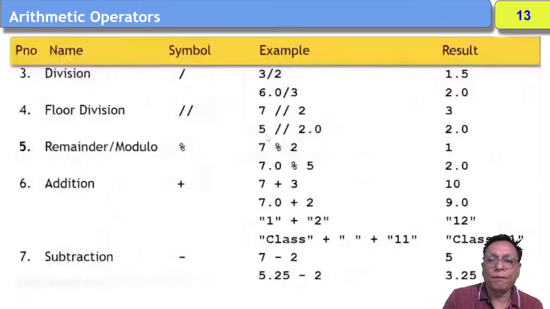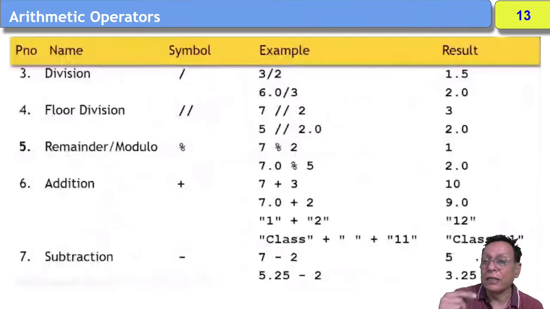Similarly, 5 // 2.0. While dividing 5 by 2, it should give you 2.5. Since the floor division sign is there, the point value will not be considered in the quotient.